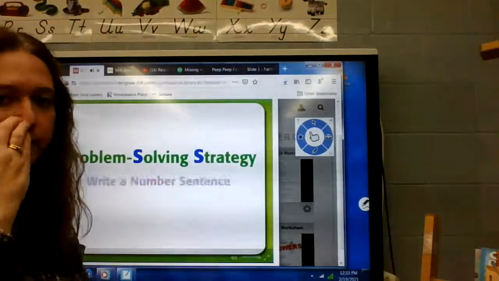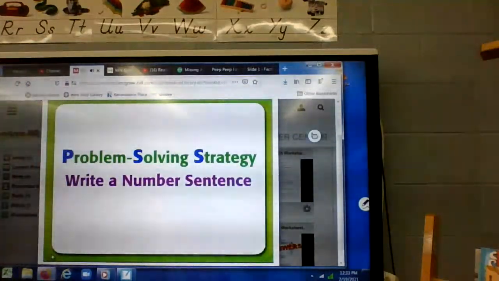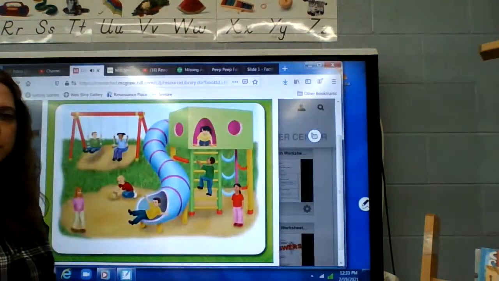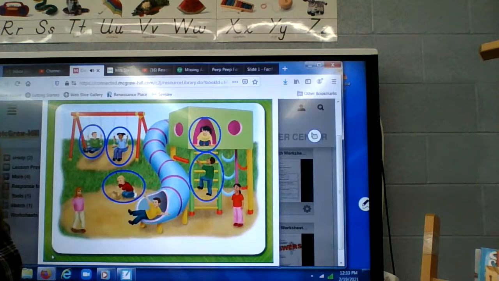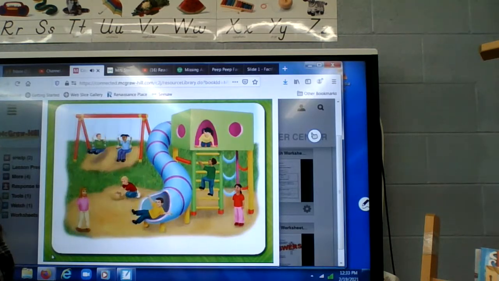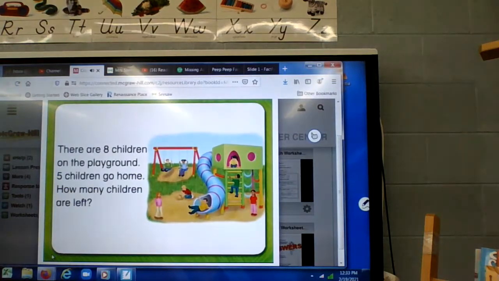Problem-solving strategy. Write a number sentence. How many children can you find on the playground? Did you find all 8? 1, 2, 3, 4, 5, 6, 7, 8. Let's read the problem together. There are 8 children on the playground. 5 children go home.